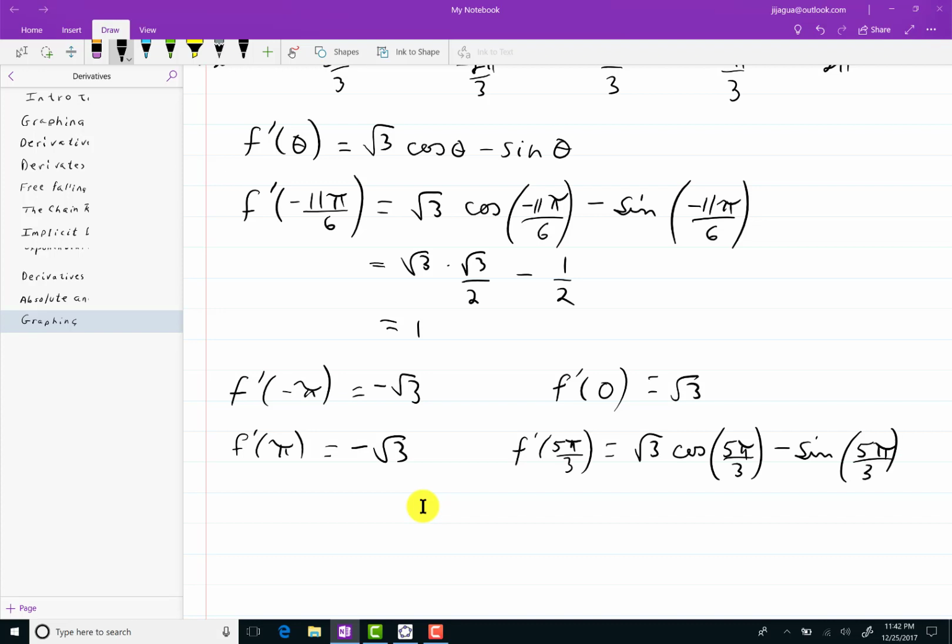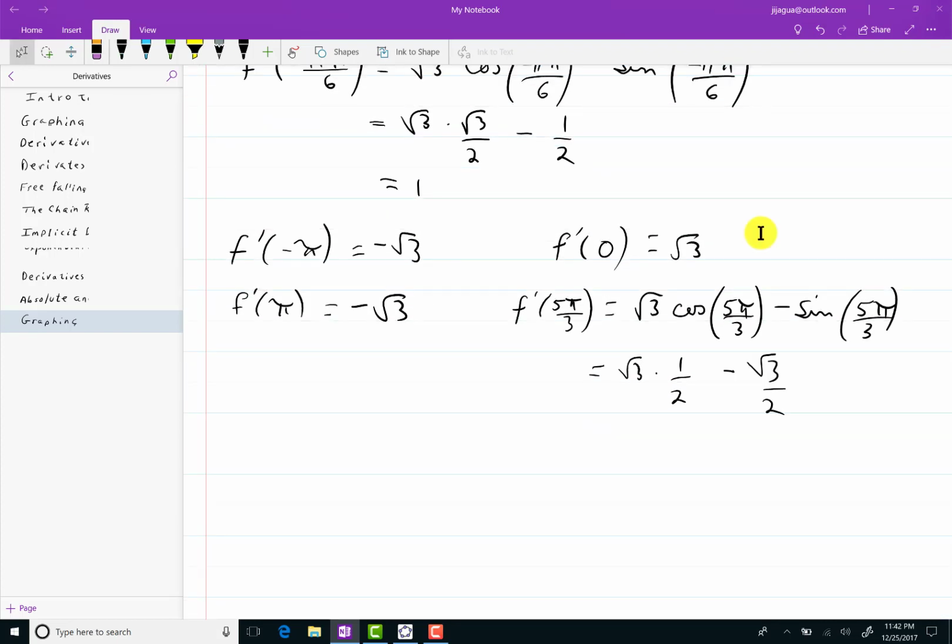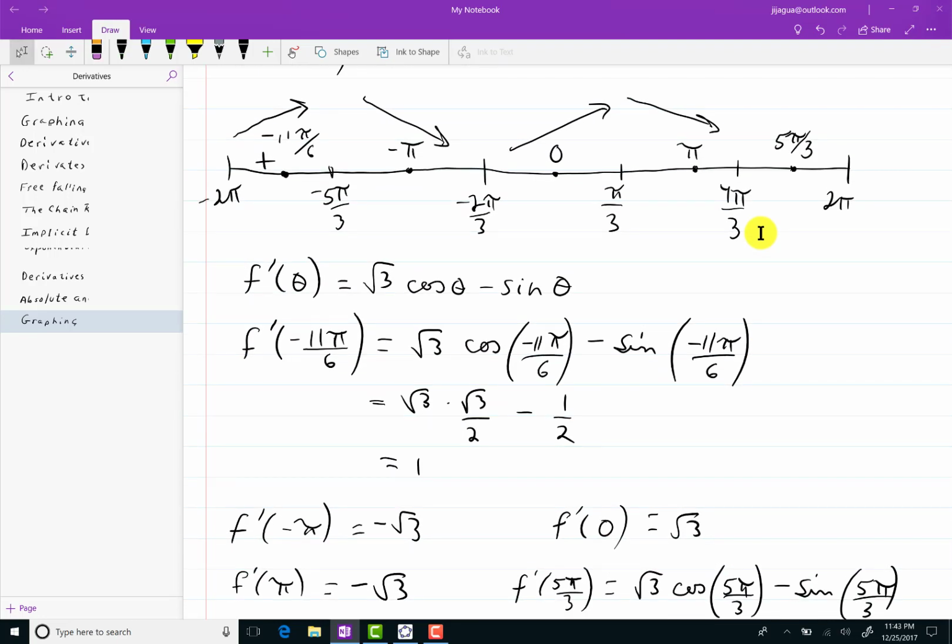Fourth quadrant, cosine is positive while sine is negative. So I get radical 3 times 1/2. So sine is negative radical 3 over 2, so this is a plus. And that turns out to be radical 3 again. And as we expected, this is increasing.